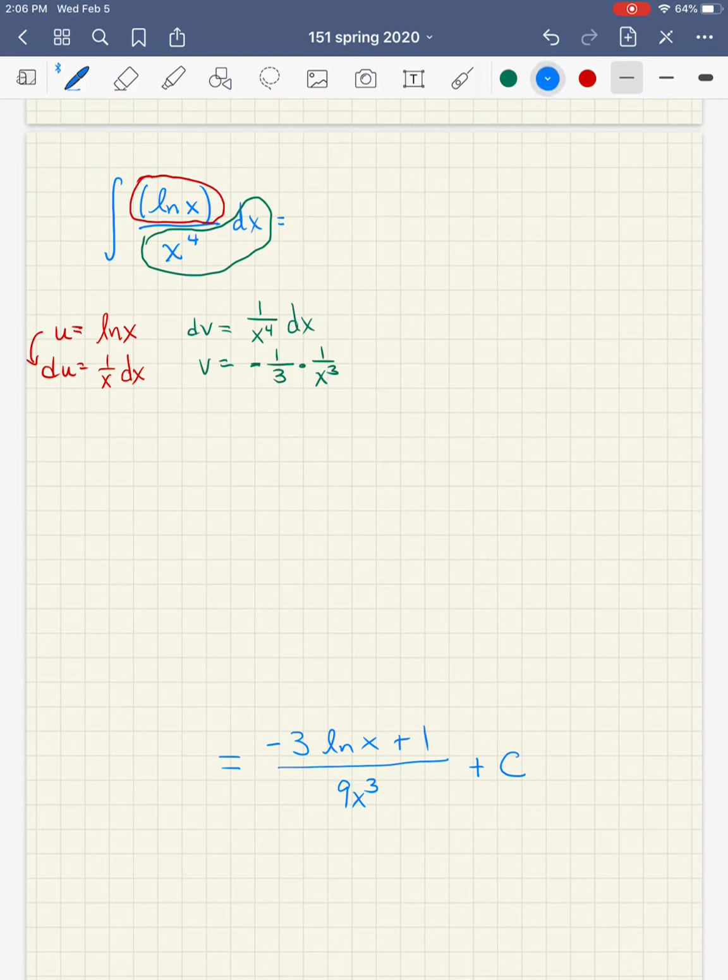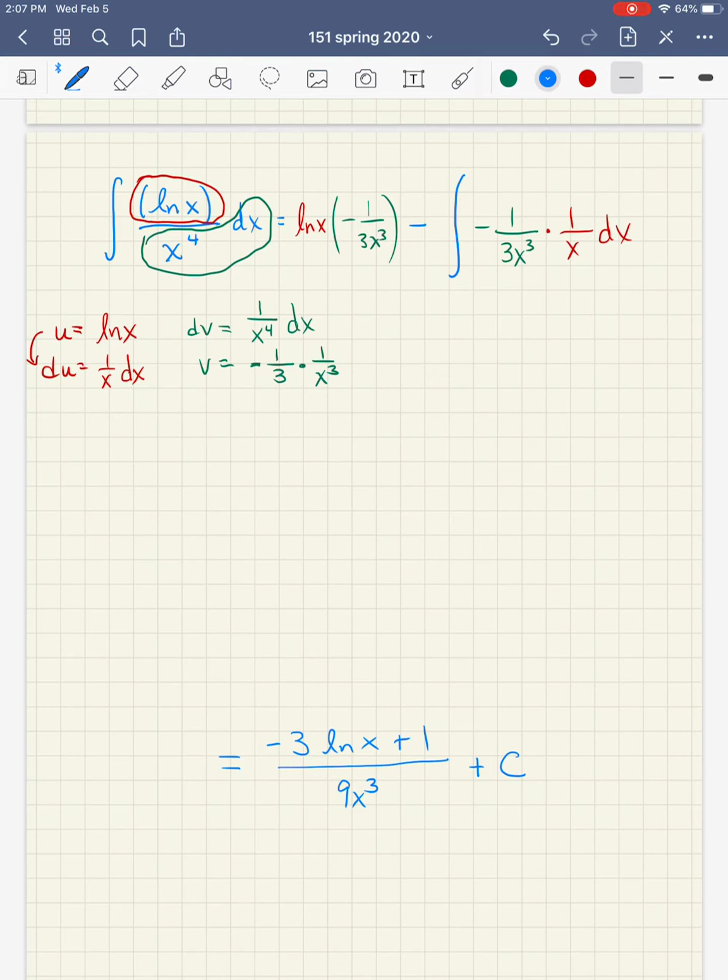If we continue and set up our problem, integration by parts is going to say that we do u times v, which is going to be log x times -1 over 3x cubed. Then we subtract the integral of v, which is -1 over 3x cubed, times dv, which is 1 over x dx.